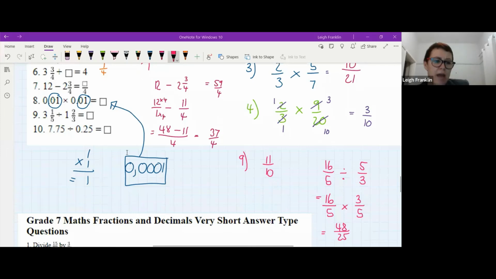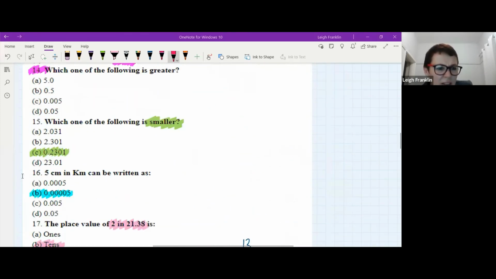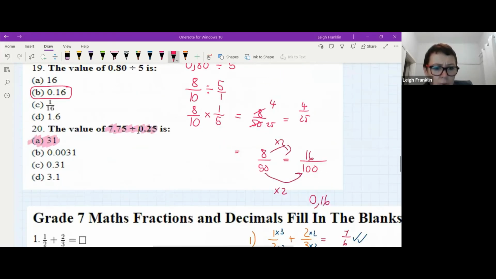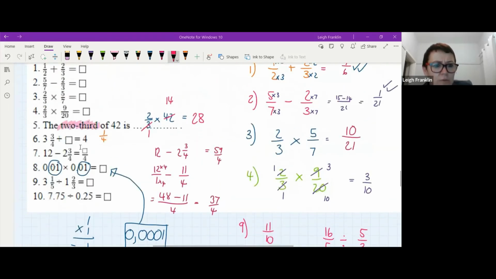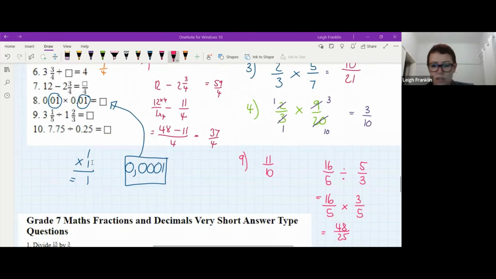Okay, and then I think we already did this one. Didn't we answer this question earlier? Or am I going mad? 7.75 divided by 0.25. Oh yes, they've repeated a question here. So we already know the answer to this one. Ma'am? Yes, Ntabe saying?